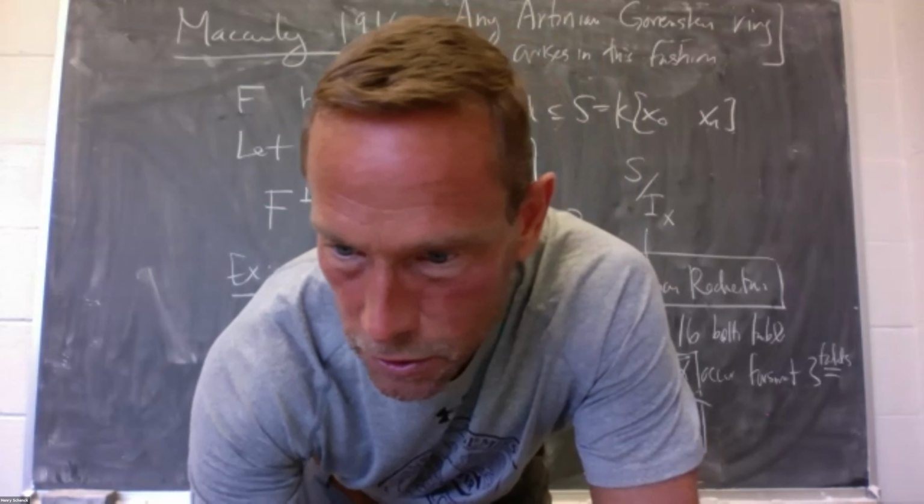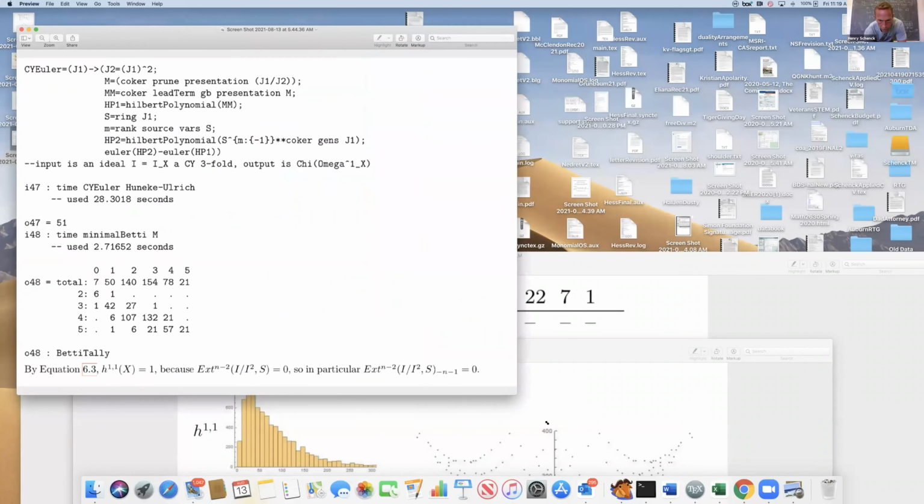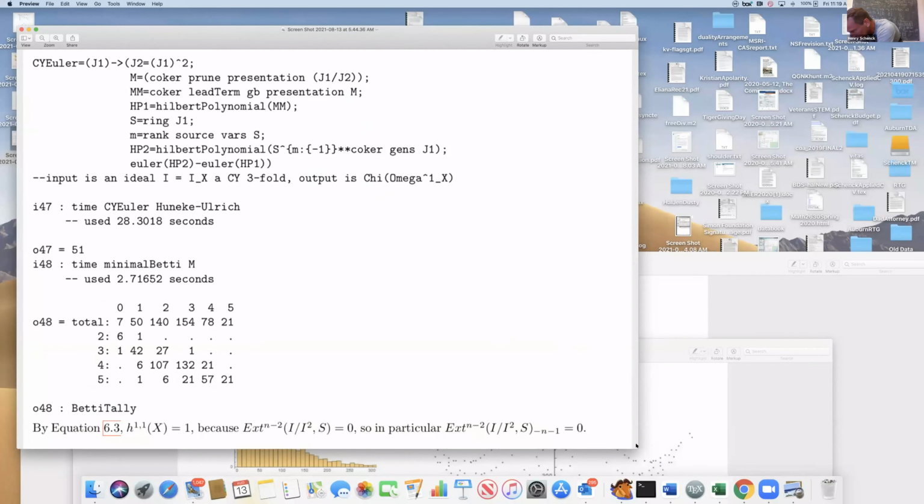Sorry, apologies. Okay, so first I want to point out that it's very, very easy to do these computations in Macaulay2. Here's a little snippet of code that computes the Euler characteristic for a Calabi-Yau threefold. It does it pretty quickly. It takes 28 seconds to get the Euler characteristic, which is 51.